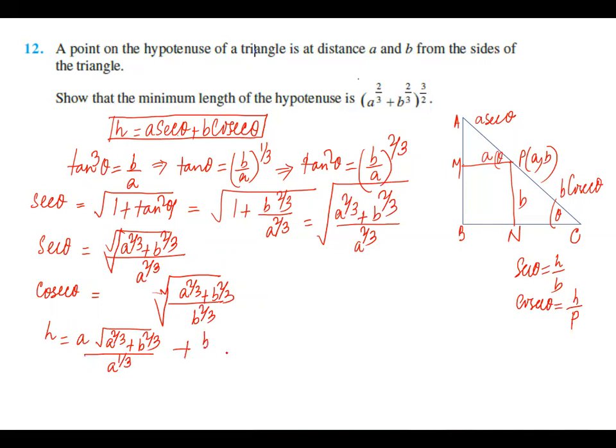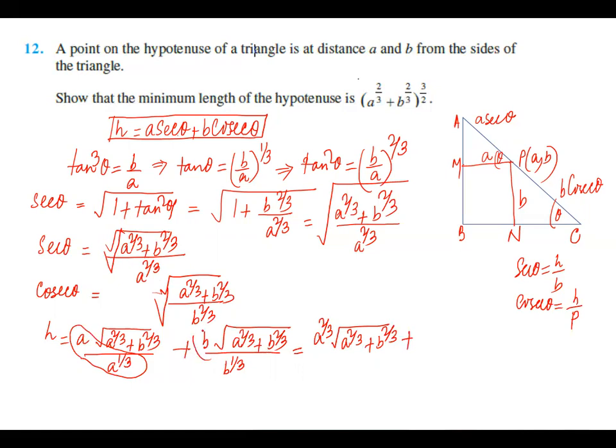It will be b into under root a to the power 2 by 3 plus b to the power 2 by 3 whole upon b to the power, square root. You will take out, it will be 1 by 3. Now if you divide this and this, a by this, you will get a to the power 2 by 3 under root a to the power 2 by 3 plus b to the power 2 by 3.